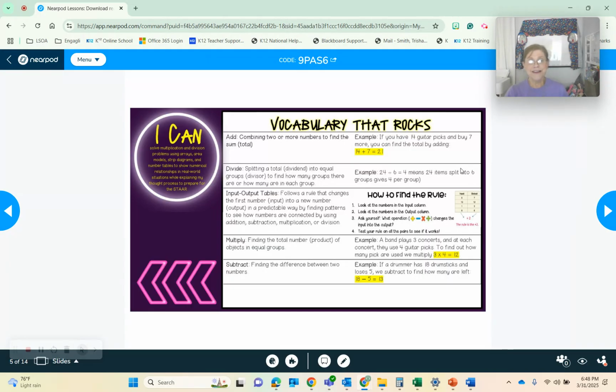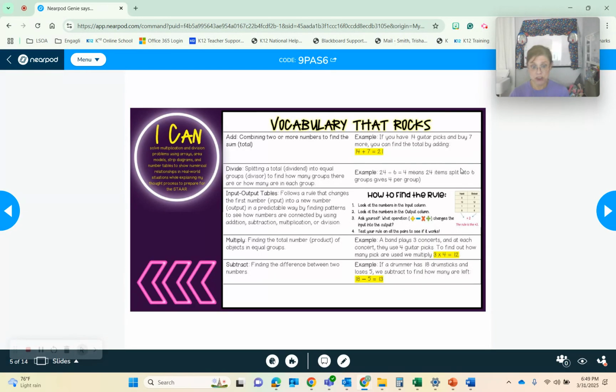Multiply. Multiplying is finding the total number, or product, of objects in equal groups. Remember, we are multiplying 2 factors together to find that total number, or the product. For example, a band plays 3 concerts, and at each concert, they use 4 guitar picks. To find out how many picks are used, we multiply 3 times 4, and we get 12.